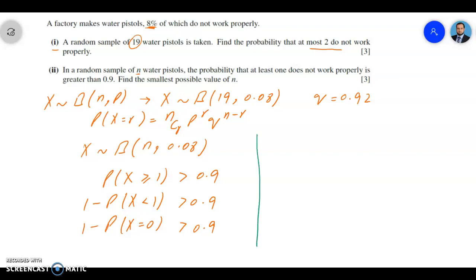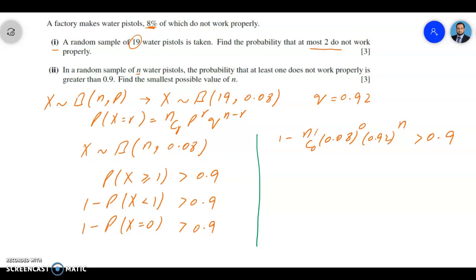Using the formula, 1 minus nC0 times 0.08 to the power of 0 times 0.92 to the power of n is greater than 0.9.